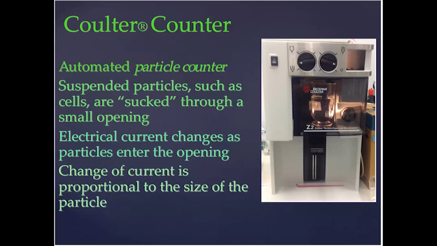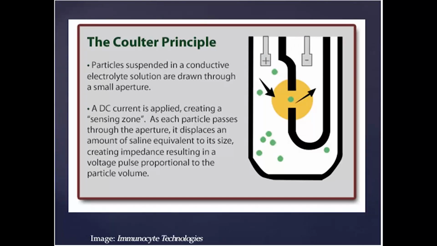The aperture is under an electrical current, and as the particles pass through the aperture, this electrical current changes slightly. The change occurs whenever there is a particle going through the aperture, but is also changing proportional to the size of a particle. I will explain that with this next picture.